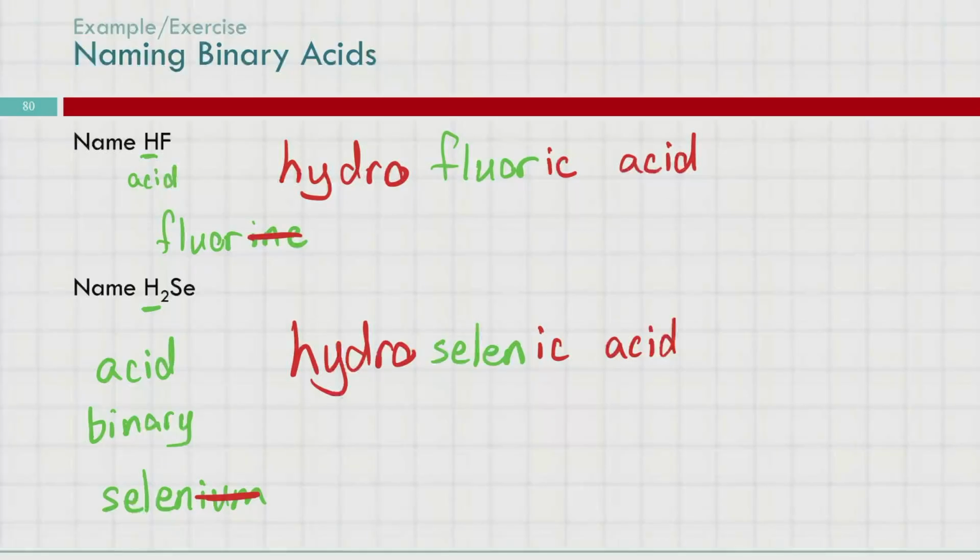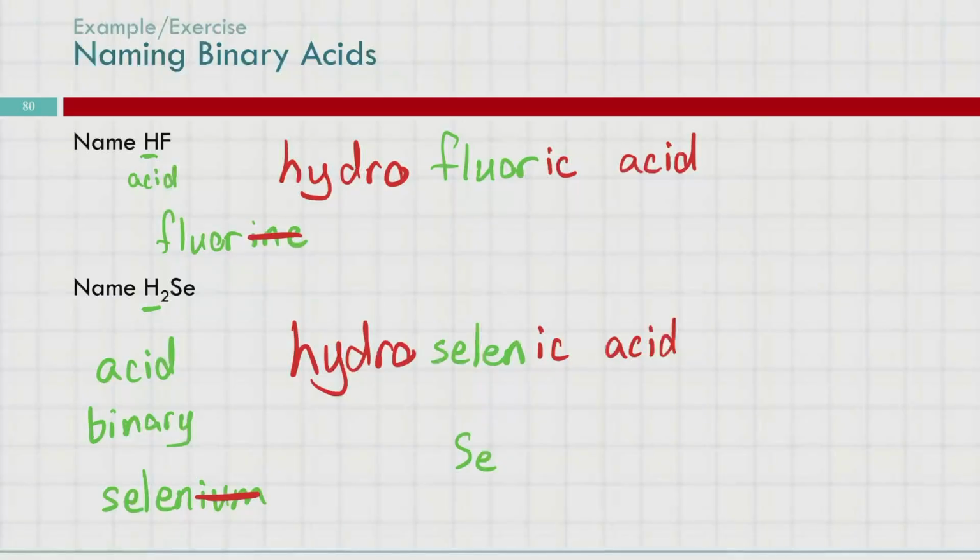Does anyone know why we have two hydrogens instead of one hydrogen? I'm terrible at reading lips, but I think I understood what you were saying. So we want to look at selenium. Selenium is Se on our periodic table. Find selenium. It's under oxygen.